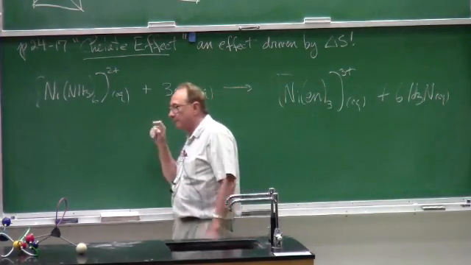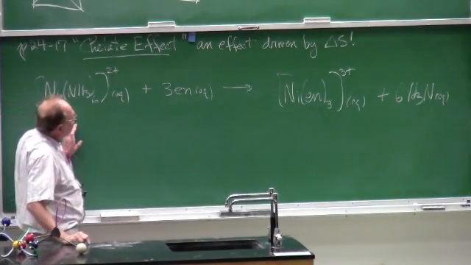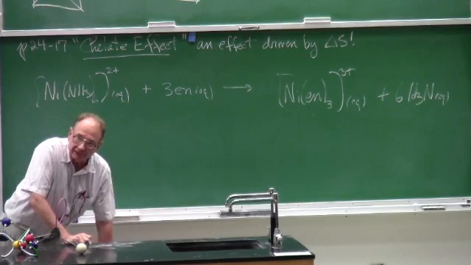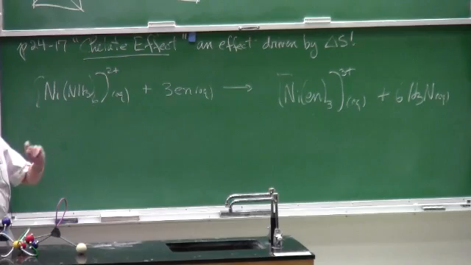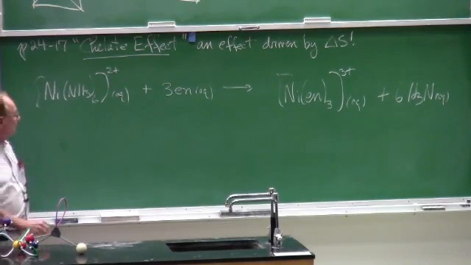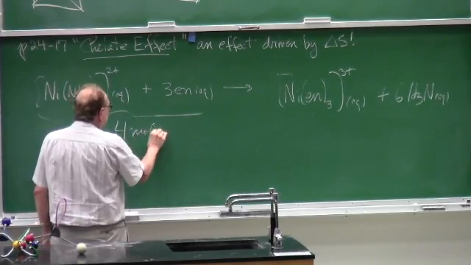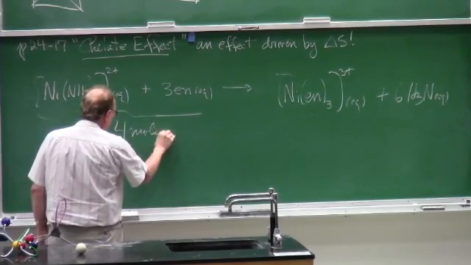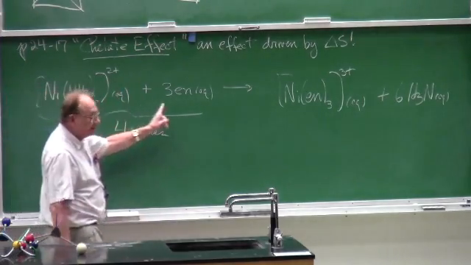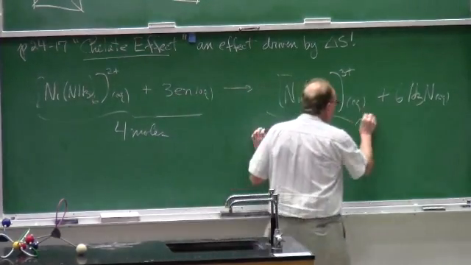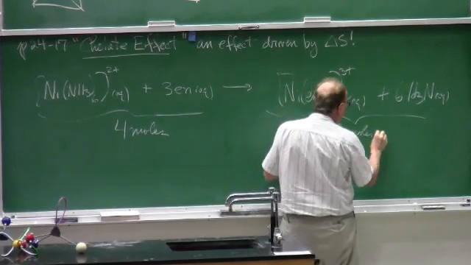And since you all talked about this, at least that's what you just told me in discussion class last time, you recognize that this thing is driven very strongly by a large change in delta S. Because if you put this reaction on a mole basis, then we've got 4 moles of reactant particles, 1 mole of complex, 3 moles of ethylene diamine, being converted to 7 moles of product.